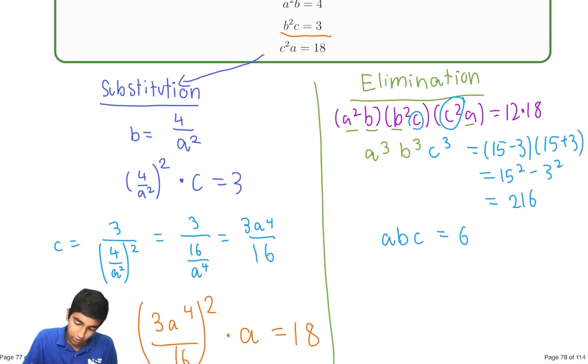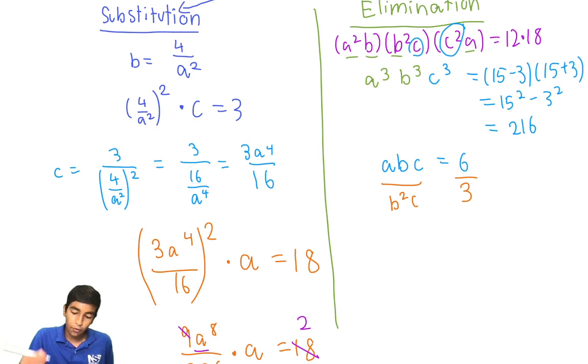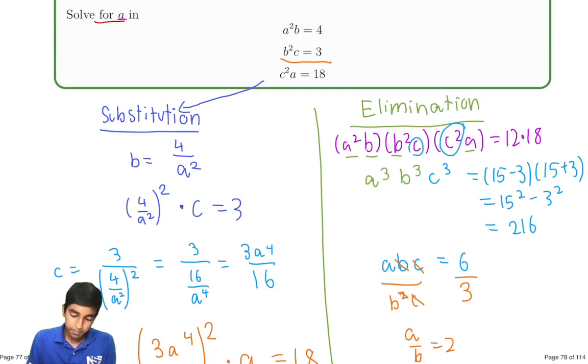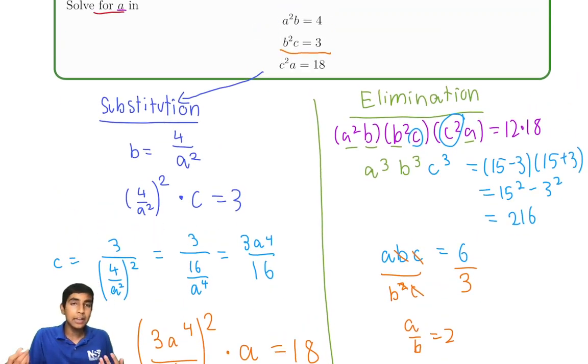So let's divide by b squared c, and b squared c is equal to 3, so we divide by 3 on the right-hand side. This becomes abc over b squared c, which c's cancel, and then b cancels with the second b. So it's a over b equals 2. 6 divided by 3 is 2. So if a over b is 2, we've already eliminated one variable. And guess what? We have another equation in terms of a and b.